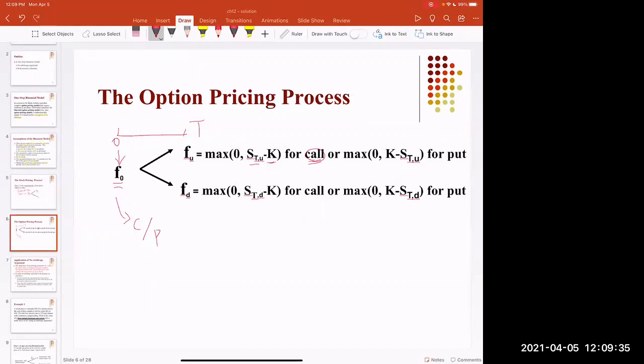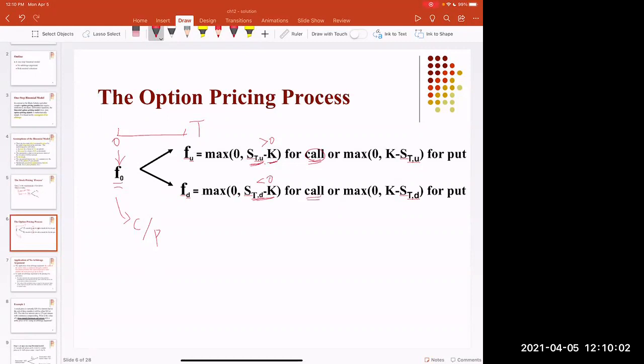The payoff is the maximum value between 0 and the stock price at the expiration date, when stock price goes up, minus the strike price. When stock price goes up, this is positive. If stock price goes down, it might be negative, so if it's negative, we're going to take 0.